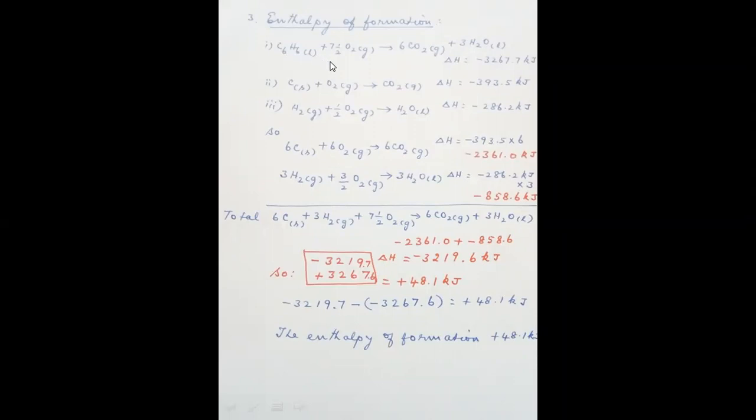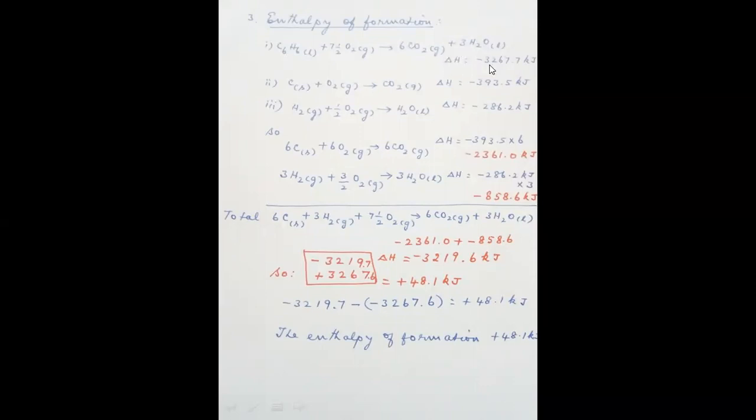When it is burnt, C6H6 plus 7.5 oxygen gives 6 carbon dioxide plus 3 water molecules.